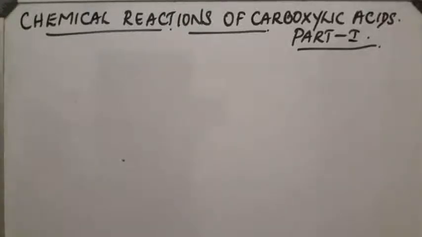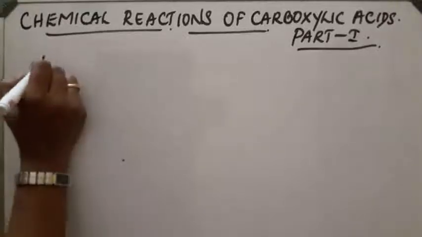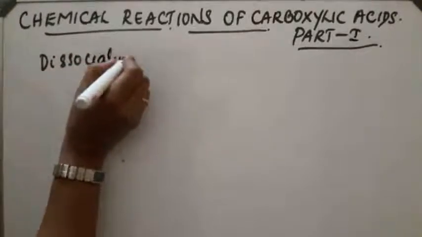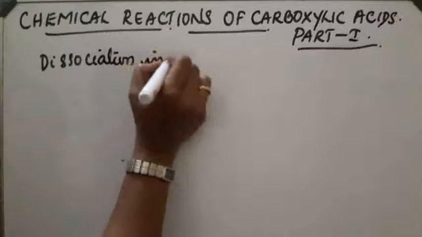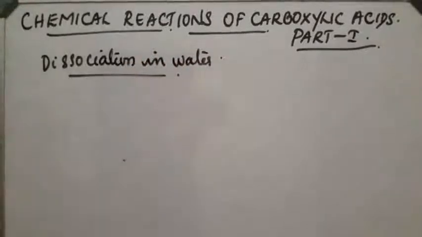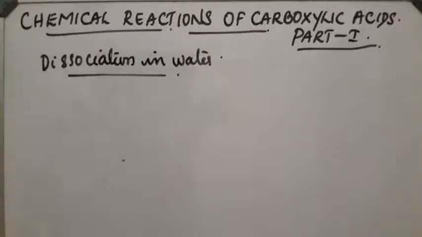Acidity can also be explained by the dissociation of carboxylic acids in water. From this we can calculate the equilibrium constant, which is used to determine the acidity of different carboxylic acids.